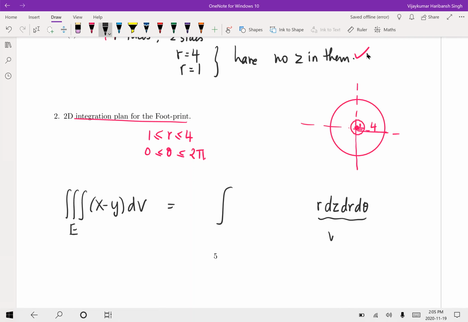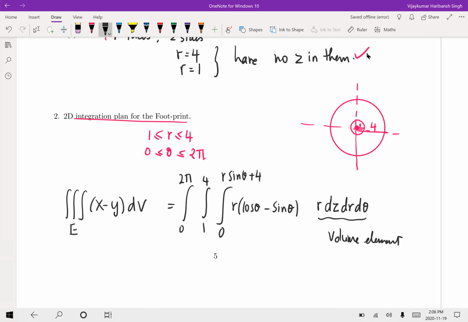And x minus y: x is going to be r cos theta, y is going to be r sine theta. So r cos theta minus sine theta. Your range for the first one is from 0 to r sine theta plus 4. And then the next range is for r, 1 to 4. That's how we have written it. And theta goes from 0 to 2 pi.